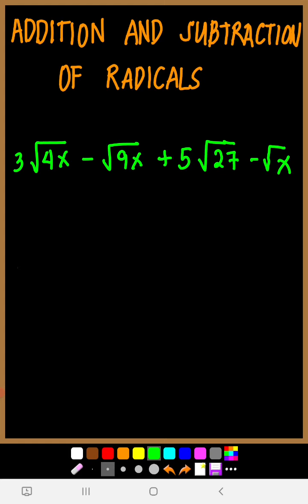We have 3 times 3 square root of 4x minus square root of 9x plus 5 square root of 27 minus square root of x. So, again, as you can see, hindi similar yung radicals natin. Magkakaiba sila. So, let us try to simplify these radicals. So, we'll start with 3 square root of 4x.